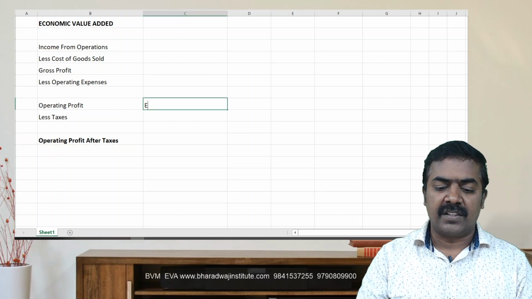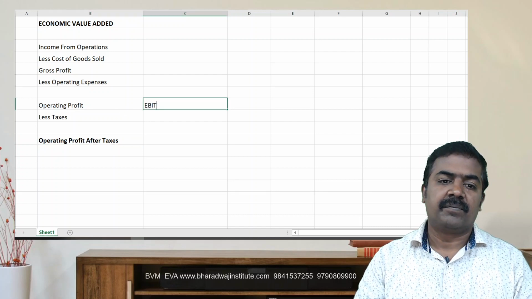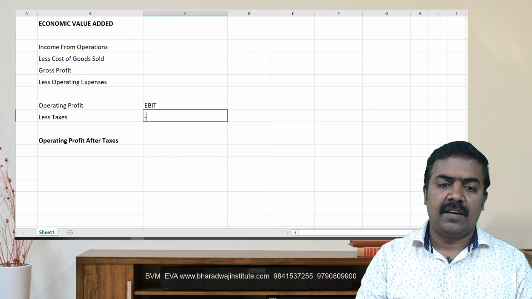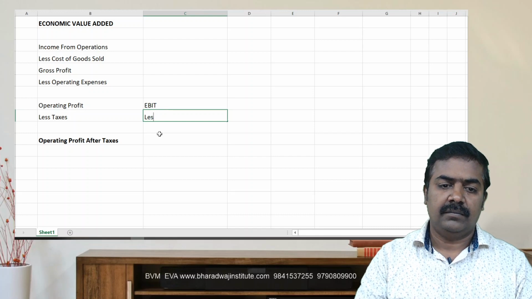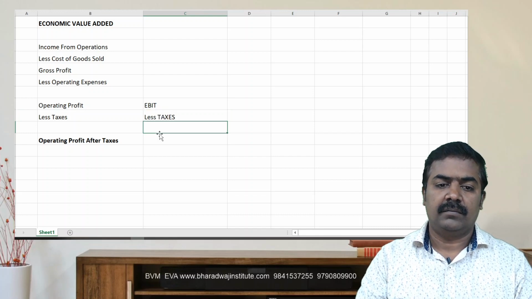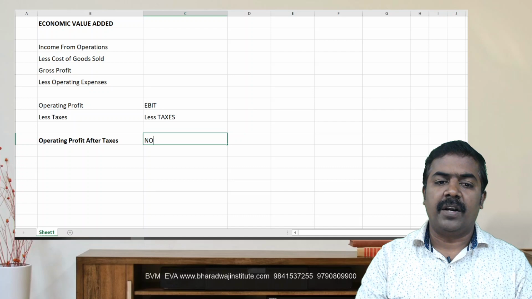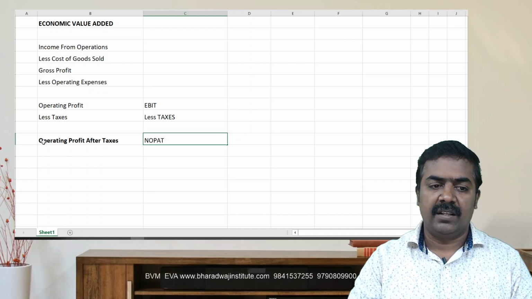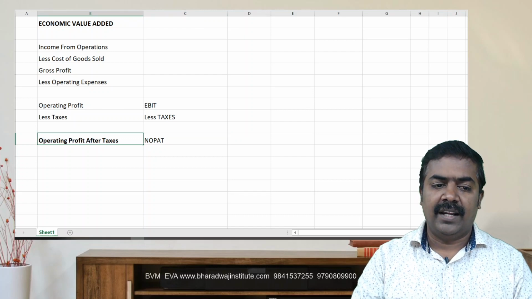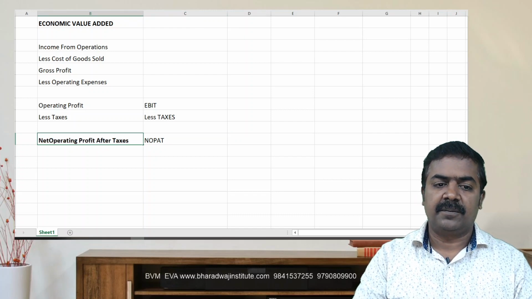This operating profit is otherwise called EBIT. EBIT minus taxes, we get NOPAT. This is called net operating profit after taxes. NOPAT.